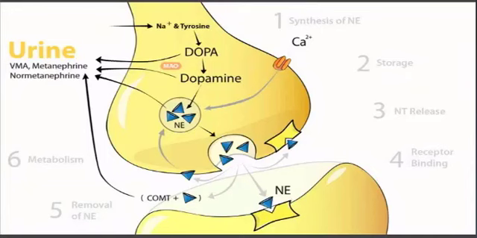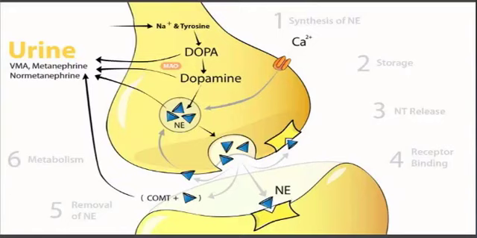This is a 6-step process, and I want to make sure that you understand this, so we're going to go through it step by step. The first process in neurotransmission at the adrenergic neuron is synthesis of norepinephrine.